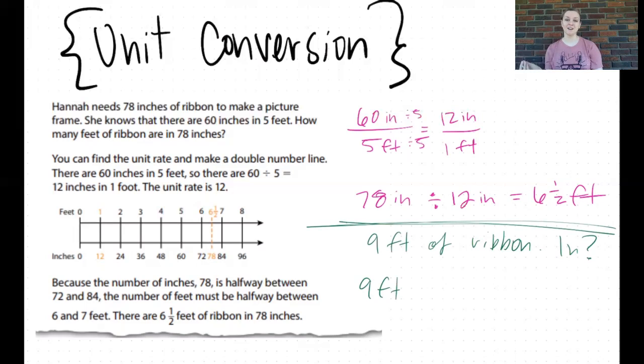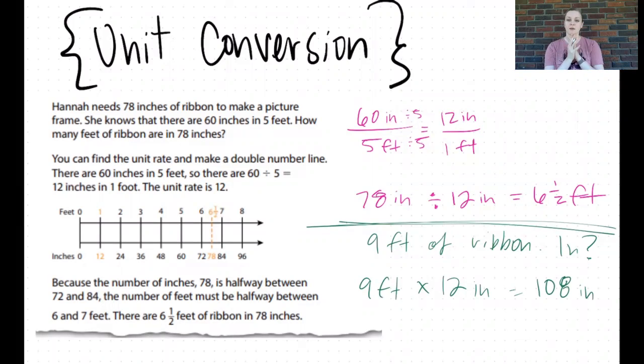And if I have 9 of those feet, then I'm doing the opposite, where now I'm multiplying. 9 feet times 12 inches in 1 foot gives me 108. Man, y'all, I should know my 12s, shouldn't I? 108, that's what I thought. 108 inches.